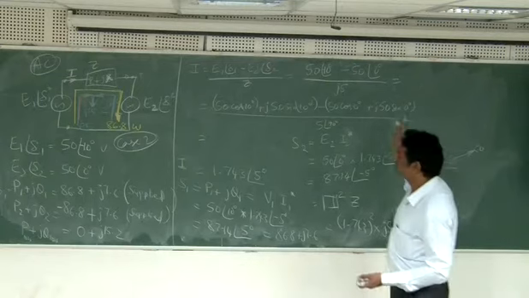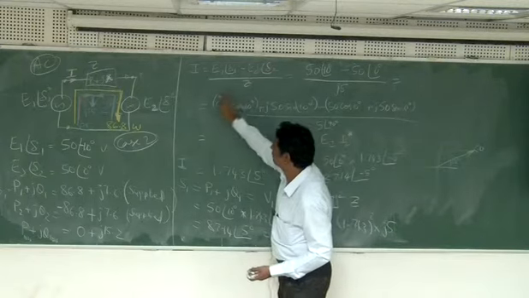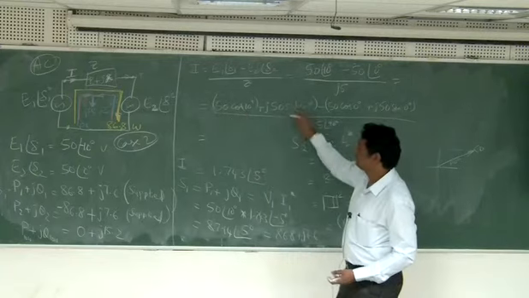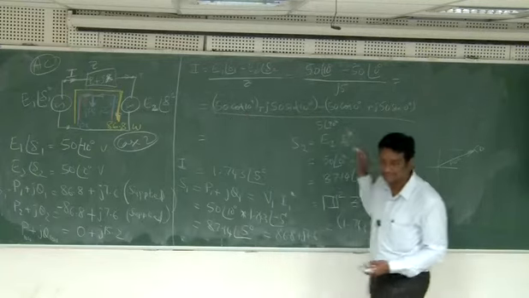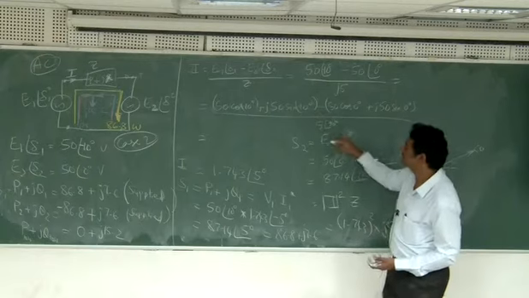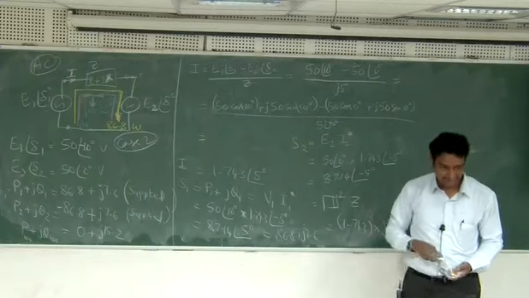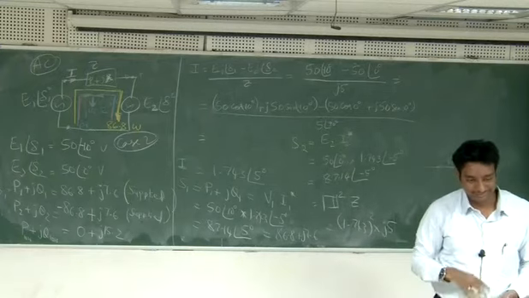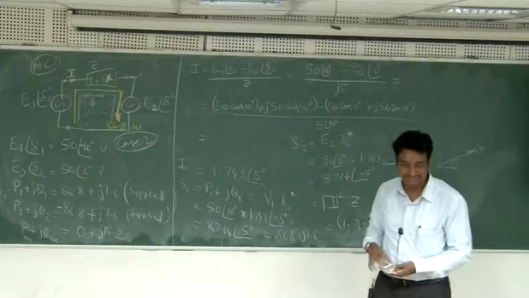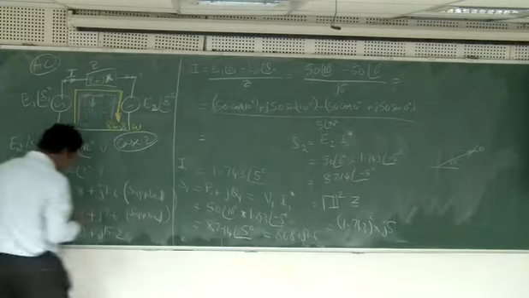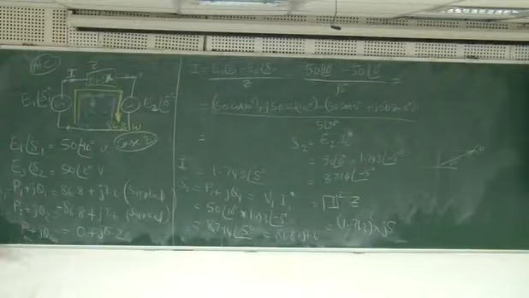So here the sign of real part is changing. Sorry, the sign of imaginary part is changing, but actually the sign of imaginary part will not change because the j from below goes up and then multiplies it. Therefore, actually the sign of real part will change. The sign of imaginary part will remain same. So the answer is like this. If you calculate it through your calculator, minus here, plus here. That's the change.